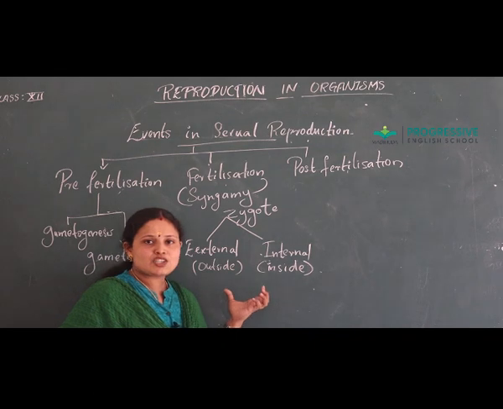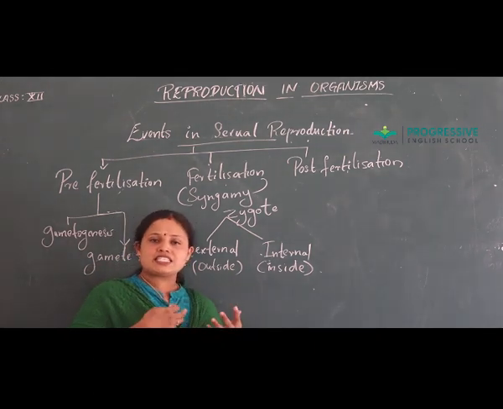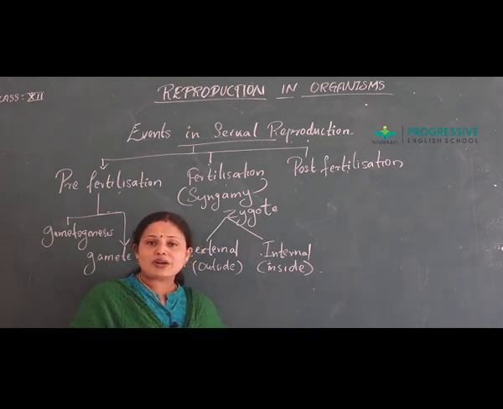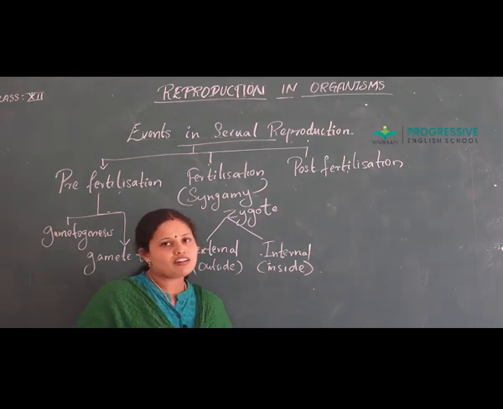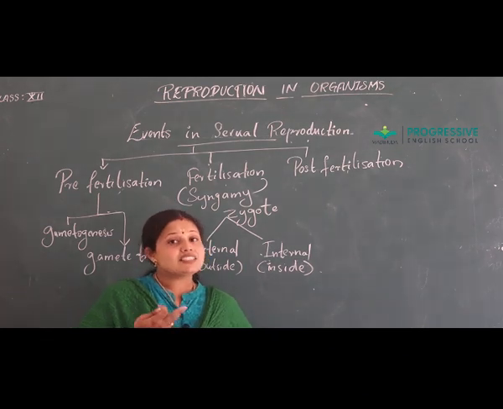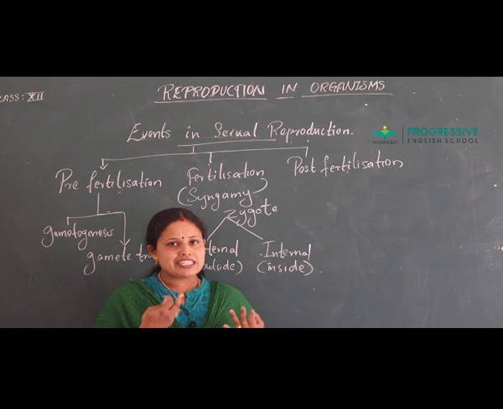In the case of external fertilization, the number of male and female gametes released is more in number. Why? To enhance the chances of syngamy or fertilization, because as they are in the external medium, there is a chance that predators will come and destroy them or eat them.